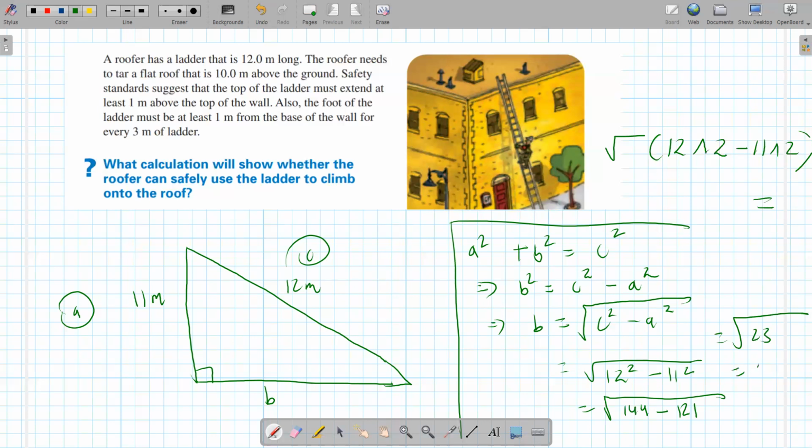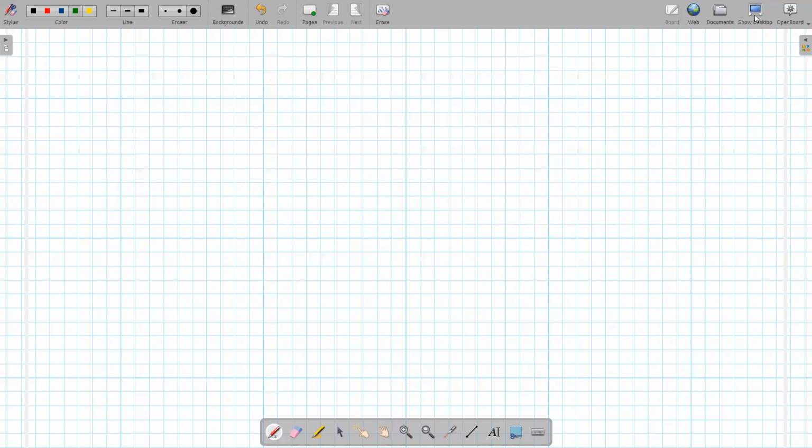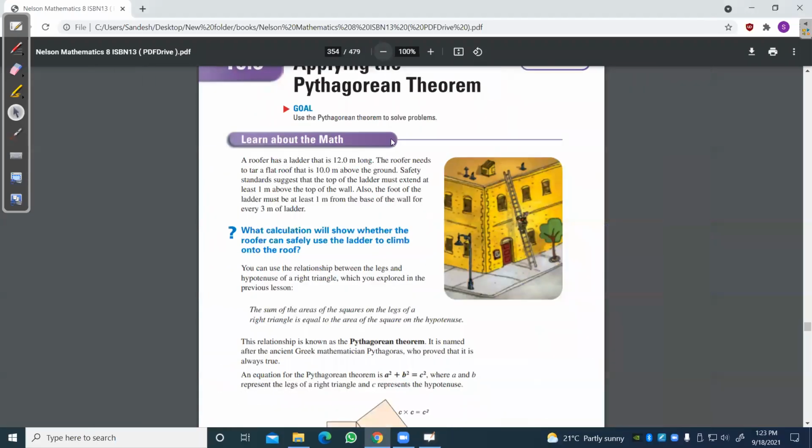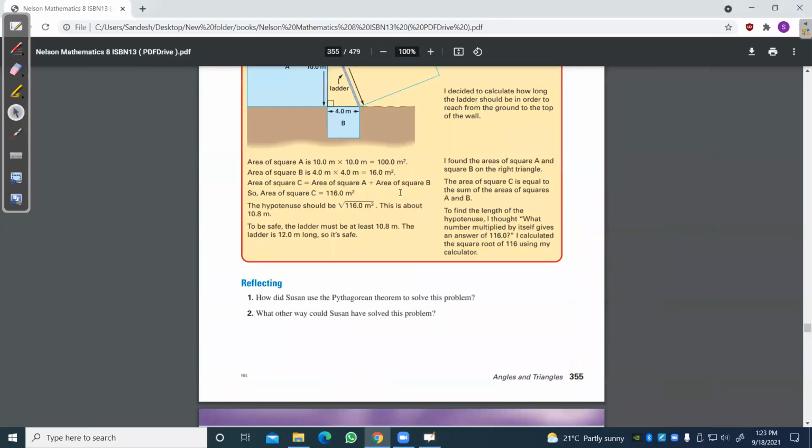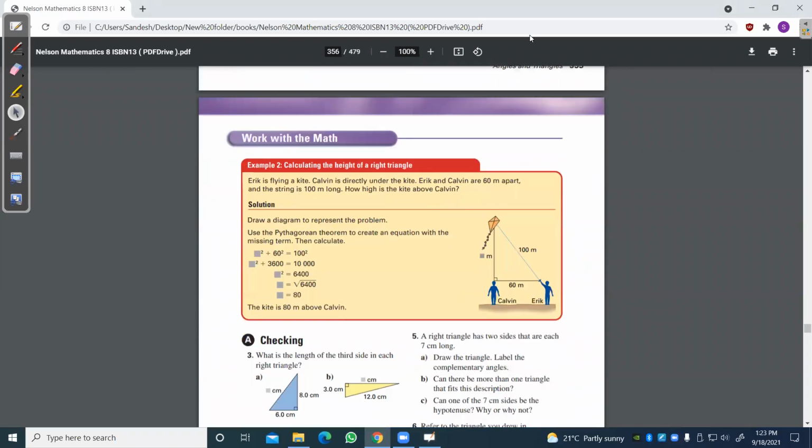It's going to be 4 point something. 4.8 or 4.9, something like that. It's 4.8. Yeah, there we go. Let's try doing another one.